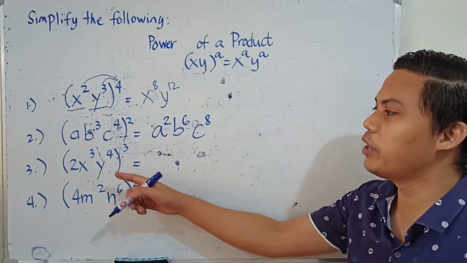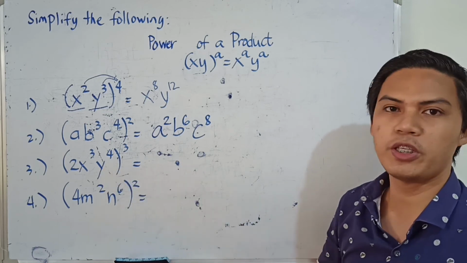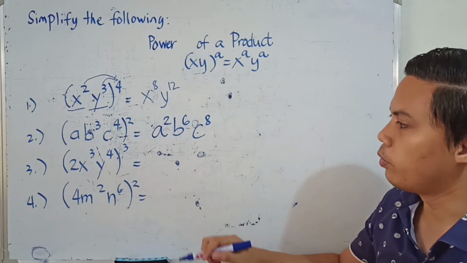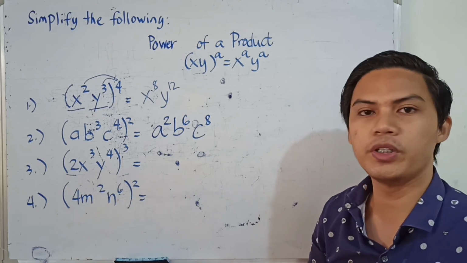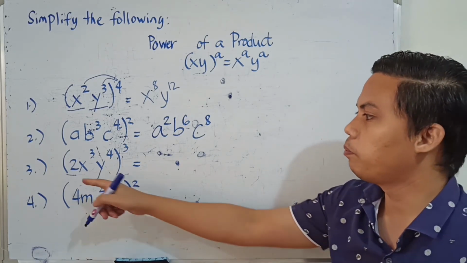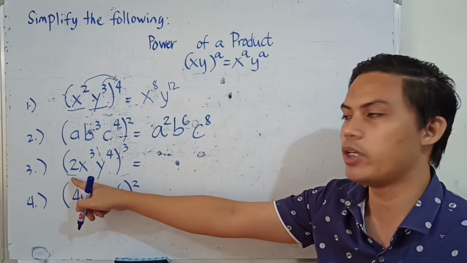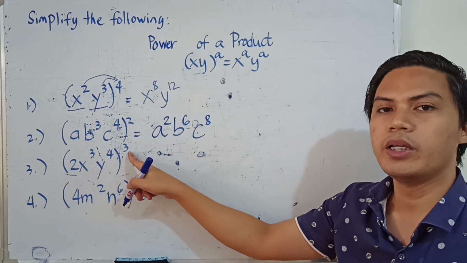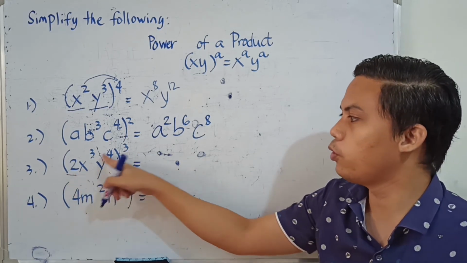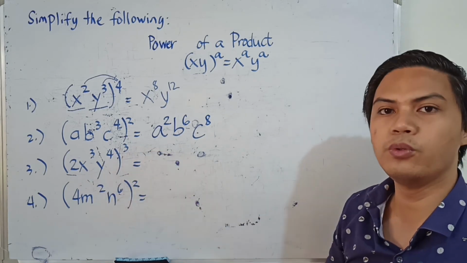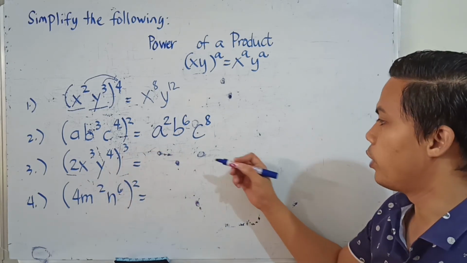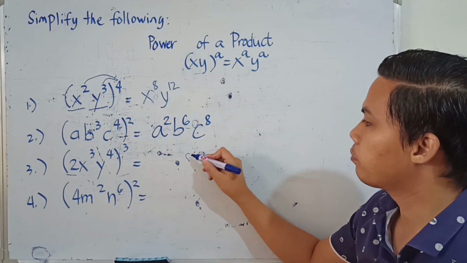Number 3, we have the quantity 2x cubed, y raised to 4 quantity cubed. So, meron tayong numerical coefficient na 2. So pag meron tayong numerical coefficient na given, uunahin muna natin siyang i-raise sa power na nasa labas. So 2 cubed, it means 2 times 2 times 2. So the answer is 8.